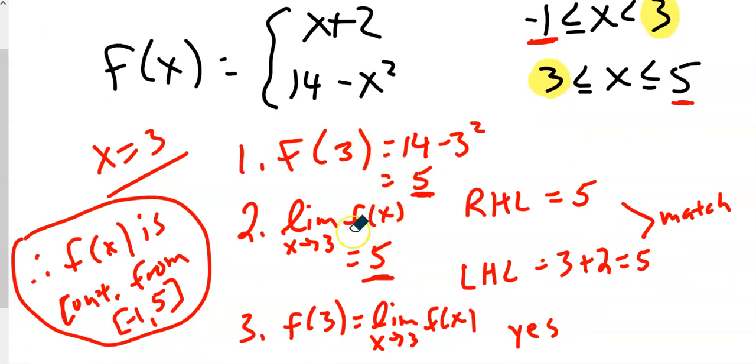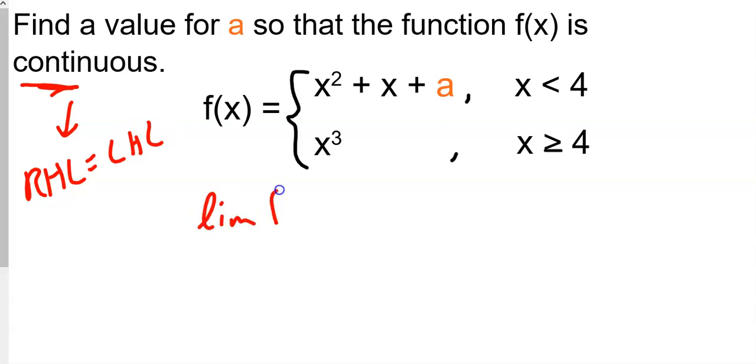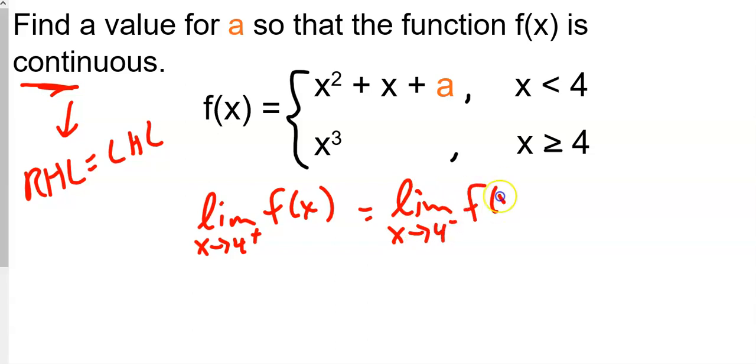In order for that to be true, we have to make sure our right and left end behaviors are the same. So the limit of f of x as x approaches 4 from the right-hand side must match the left-hand side limit. All right, so this is our critical value, right?